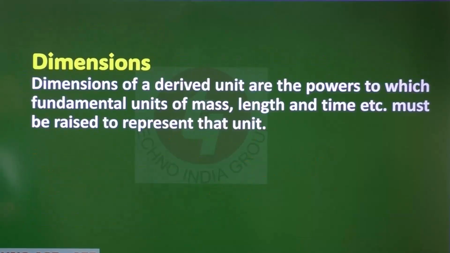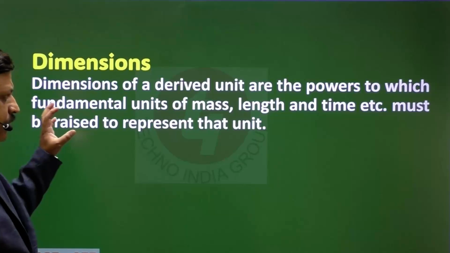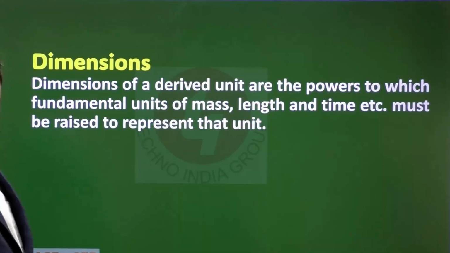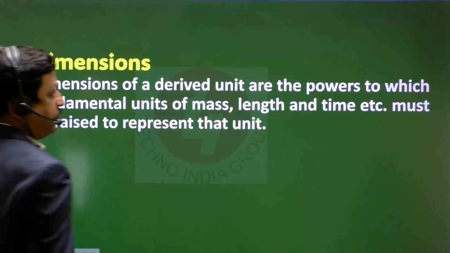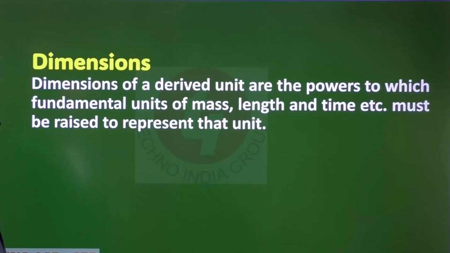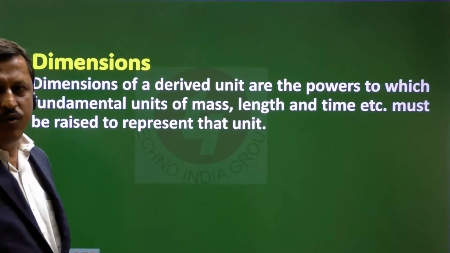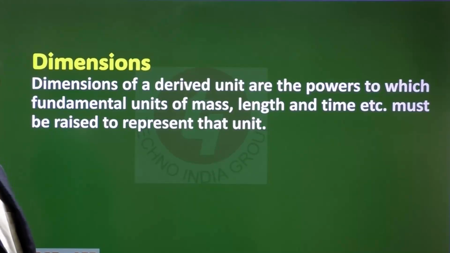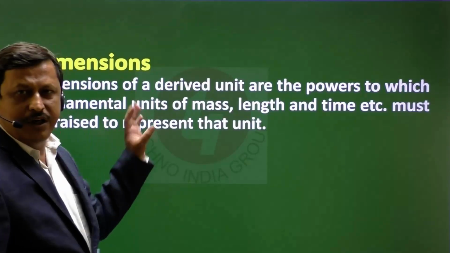And for each quantity we use some symbol. This is known as dimension, okay? Dimensions of a derived unit are the powers to which the fundamental units of mass, length and time etc. must be raised to represent that unit. If you represent a unit or quantity using some fundamental quantities, then these are called dimensions.